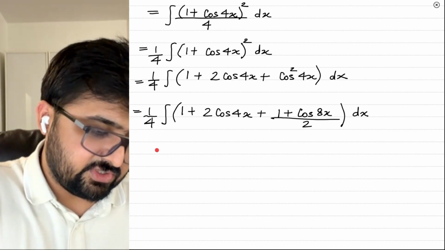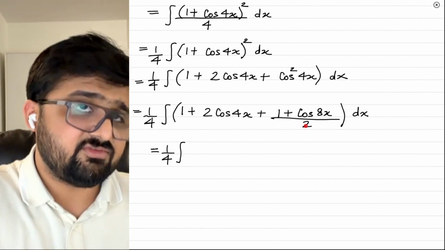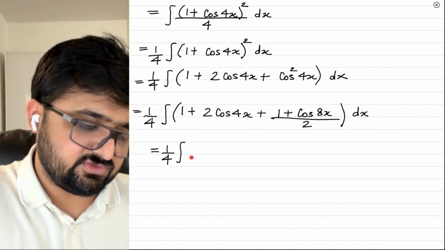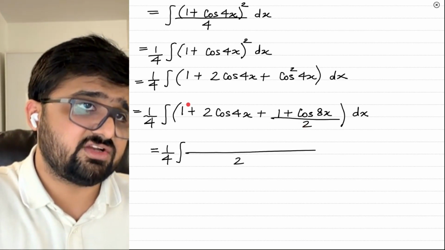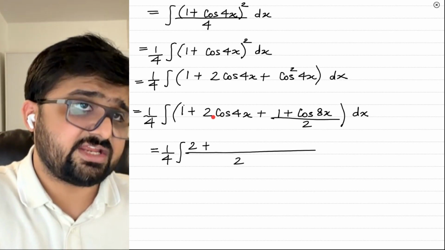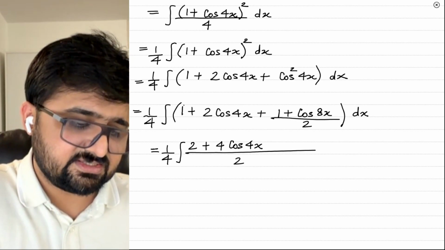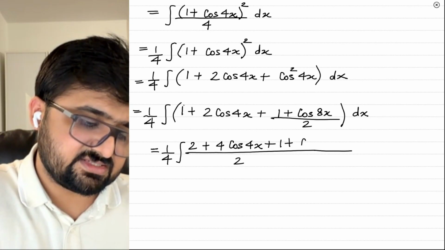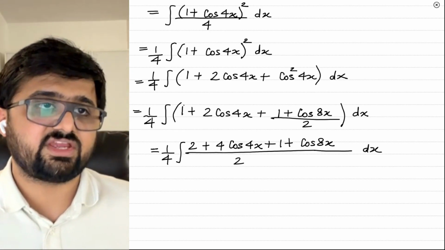Now in order to simplify this 1 by 4 integration, we can again take cross multiplication or LCM. So we can make the denominator common 2. Multiply this 2 here. So 2 times 1 is 2, plus 2 times 2 here is 4 cos 4x, plus 1 plus cos 8x with respect to x.